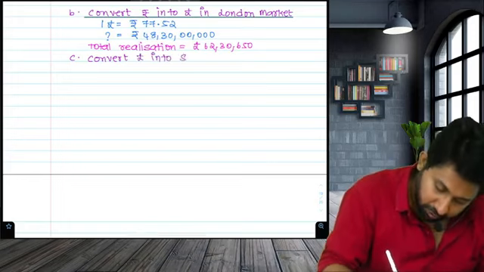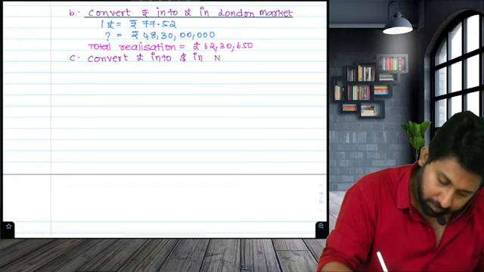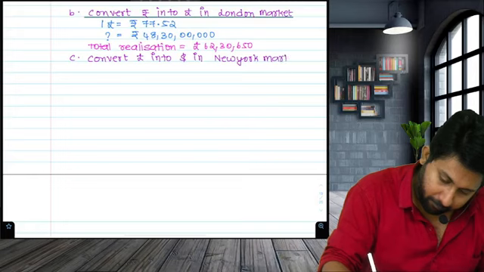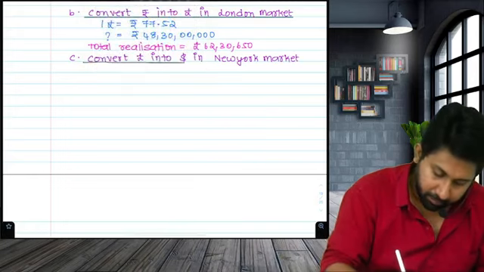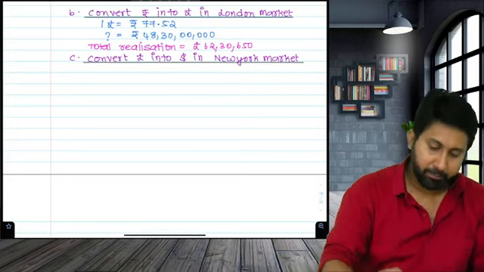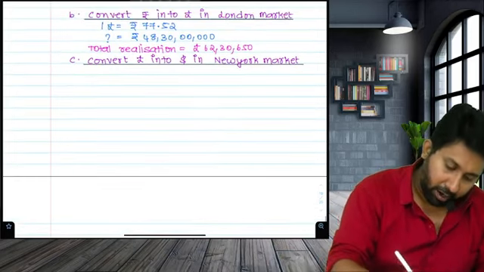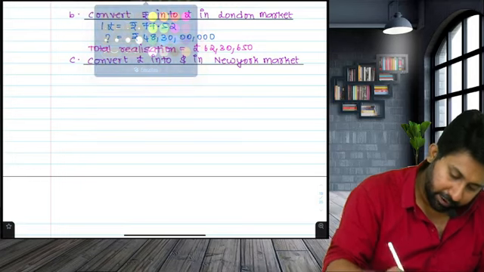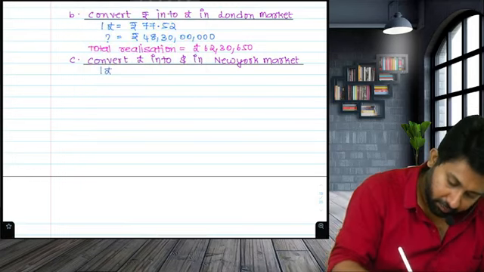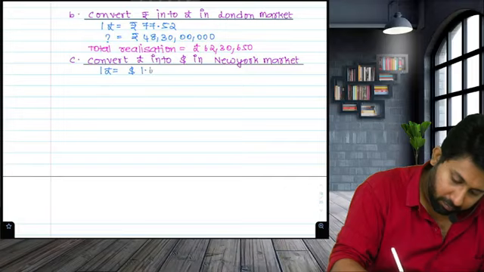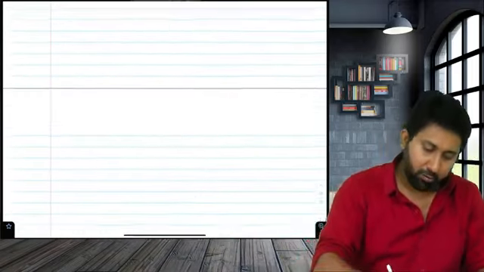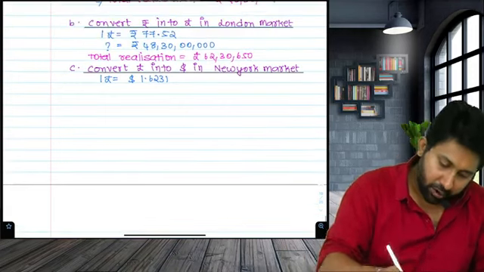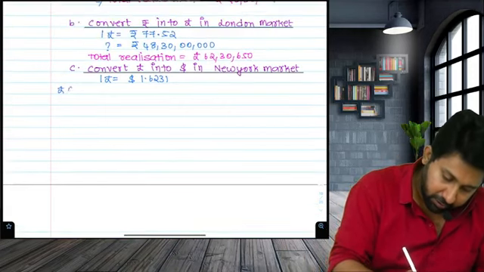Next, step C: convert pounds into dollars in the New York market. Now tell me, what is the exchange rate? 1.6231. Yes, 1.6231. How many pounds are you having?